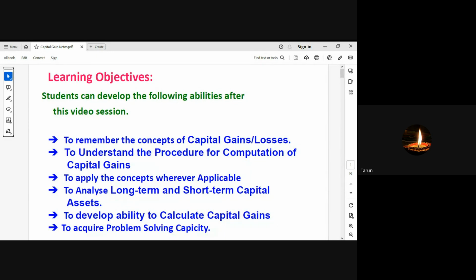Also, to differentiate between long term and short term capital assets, and how to calculate these in real scenarios. You will learn the capacity of solving problems in real terms. So let's begin one by one.